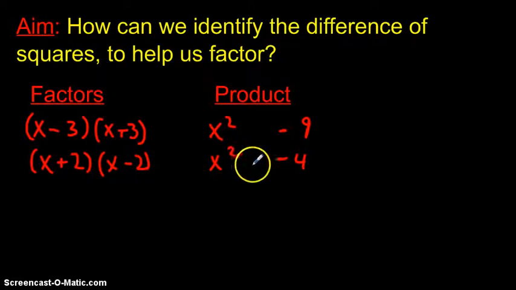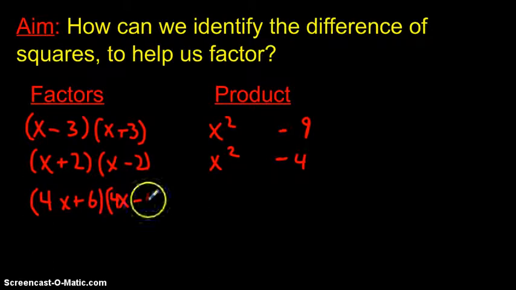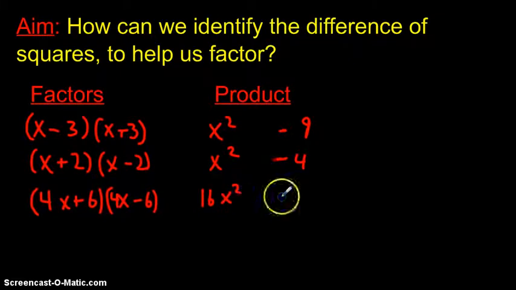Again, I'm leaving a space for this 0x because it's kind of important. We could look at 4x plus 6 and 4x minus 6, which will actually be 16x squared minus 36. And you can find out all these yourself by doing FOIL, or multiplying these two polynomials, or expanding, I guess would be the right way to look at it.